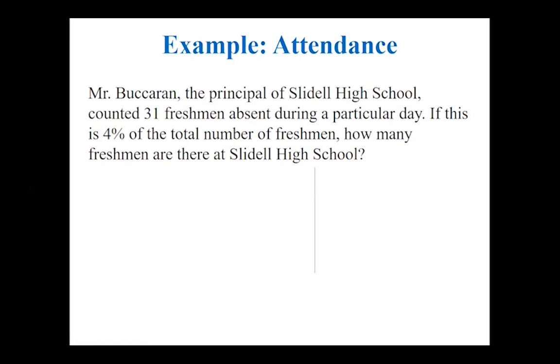The principal of Slidell High School counted 31 freshmen absent during a particular day. If this is 4% of the total number of freshmen, how many freshmen are there at Slidell High School?